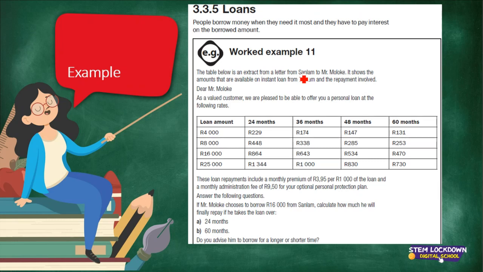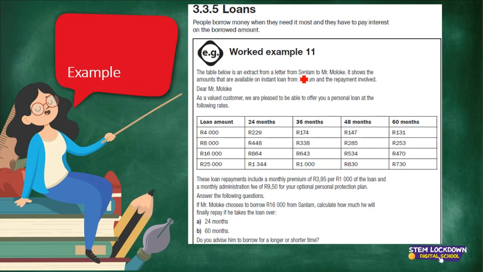Okay. So they can also ask you how much interest did the service provider make? How much interest did Sanlam make? If he paid in total 20,736, how much interest did the service provider make? So in this case, write your answer quickly in the chat.